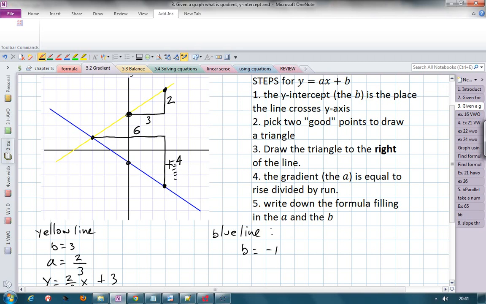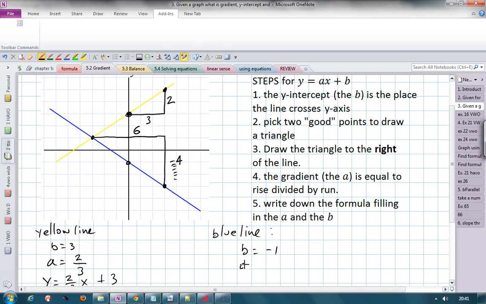Another way to see that is that positive slopes will always go from bottom left to top right, whereas negative slopes will always go from top left to bottom right. It's another way to remember that.